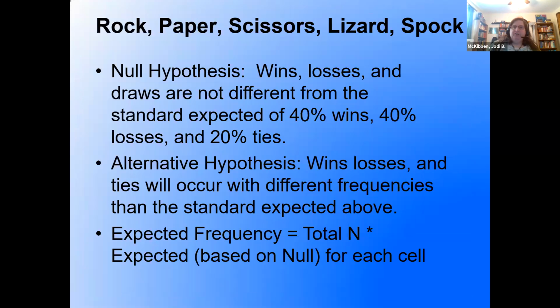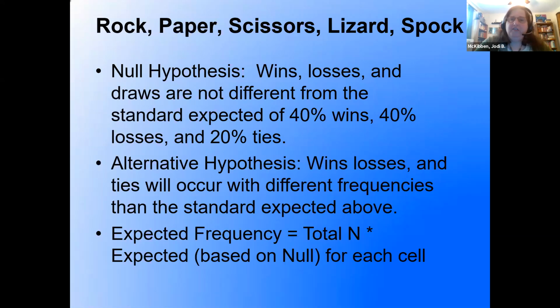Okay, so let's say we want to conduct a chi-square using this. Well, the null hypothesis, and I know I rarely start with the null, but I am going to start with it today. The null hypothesis is that wins, losses, and draws are not different from the standard expected of 40% wins, 40% losses, and 20% ties.